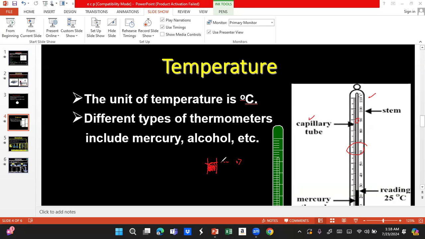You will see from here or here, you will be having parallax error.